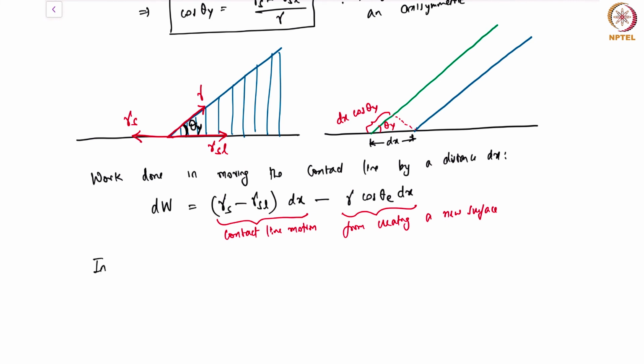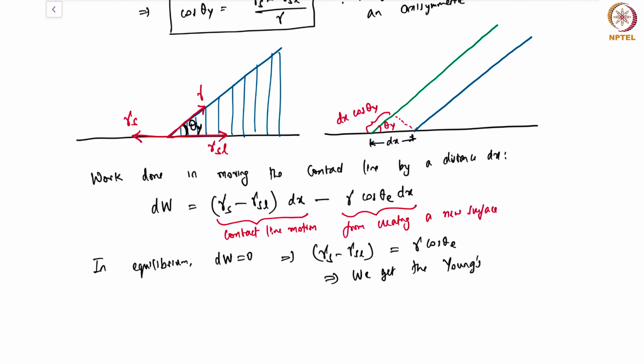So the sign does not matter because in equilibrium dW is 0, and if I do this, I get gamma s minus gamma sl essentially becomes gamma cos theta e, and therefore we get Young's law. Okay.